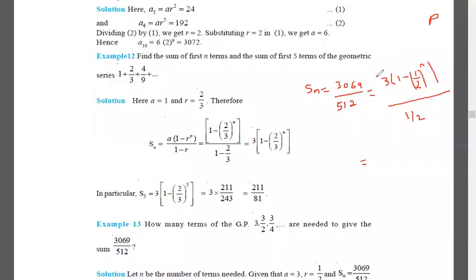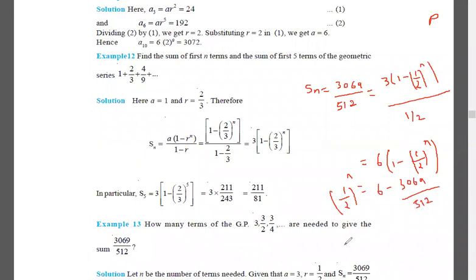Yes, very good. Okay, Smarnika. So if you see this, we will get 6 into (1 minus 1 by 2 to the power n). Okay, so if you see, we will have 1 by 2 to the power n is equal to 6 minus, take this to the side, 3069 by 512.